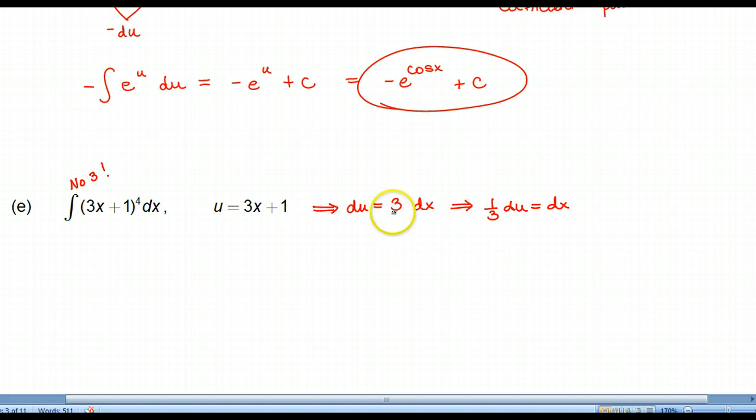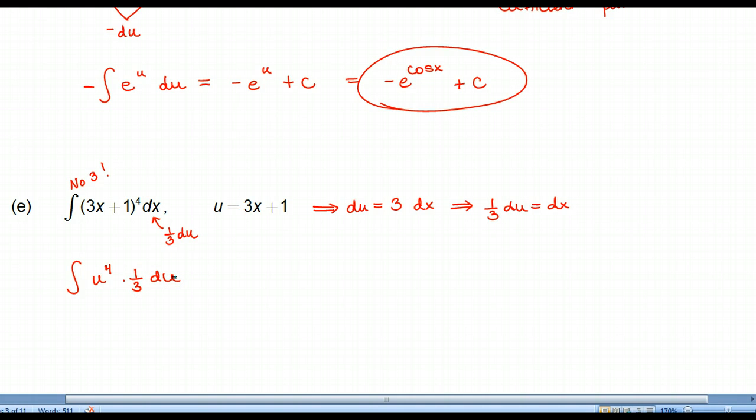Whenever you end up with a coefficient that does not exist here, you multiply by the reciprocal. We didn't really have to worry about that before because the reciprocal of -1 is -1. But here, dx is 1/3 du. So this is u to the 4th times 1/3 du, basically.